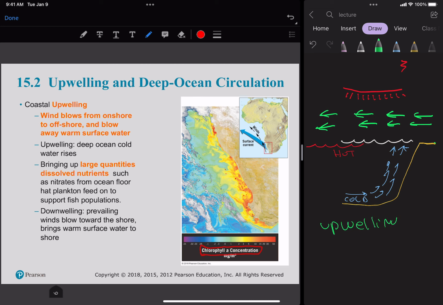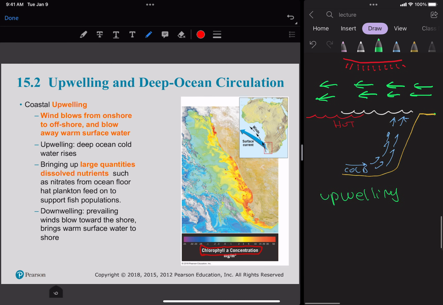So upwelling is when the ocean surface, well, let me just write this as I see it here. So we have wind that's going to blow from onshore to offshore.